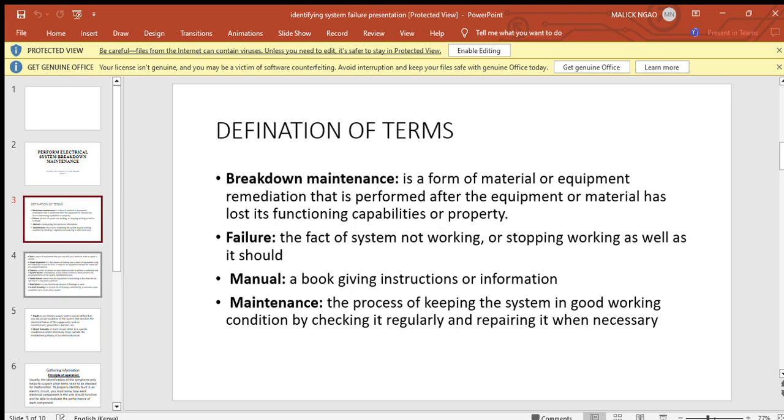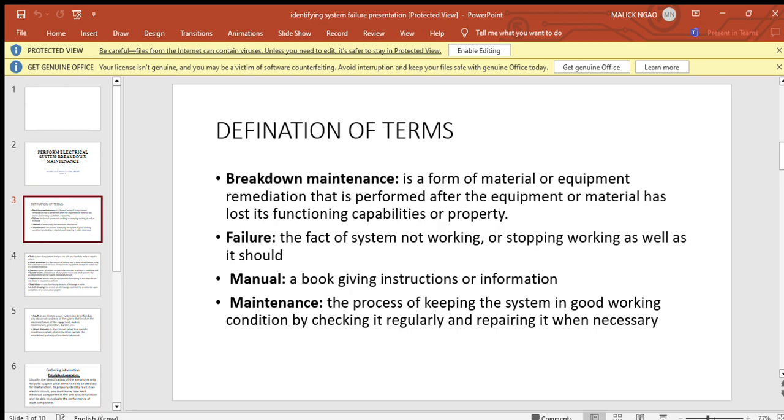On our next term, I think we should discuss some definitions as a group, as a class. Our next definition is tool.